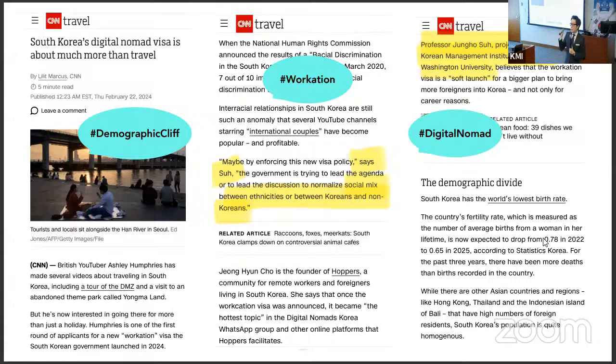At the same time, we'll touch on other issues related to the future of work and workation, which are directly related to South Korea's demographic cliff, that population conundrum. So we will talk about it. The first issue, which I shared my insight on when I talked to Lily Marcus of CNN, is the demographic cliff, and that's probably the causal factor of this policy based on my analysis.